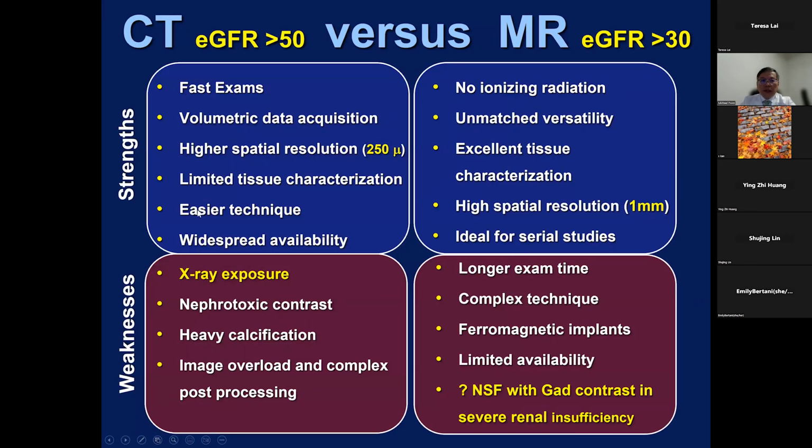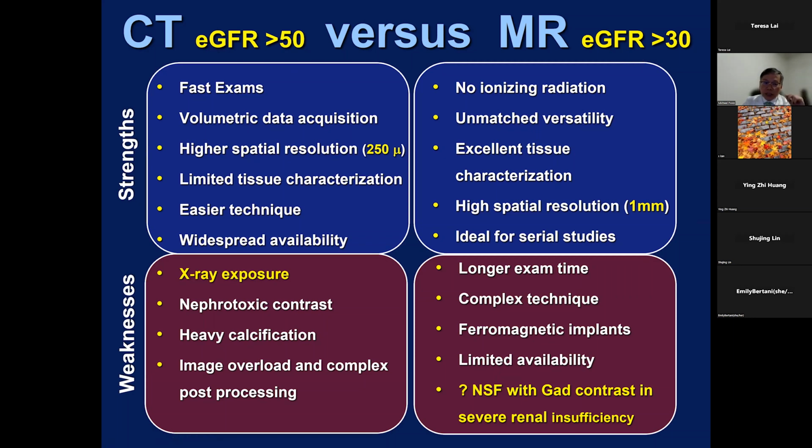So in summary, you can divide cardiac CT and MR into sort of two regions. CT requires better kidney function, and we use the cutoff of 50 for CTA. With MRI, you can do without contrast, then you don't worry about the GFR.